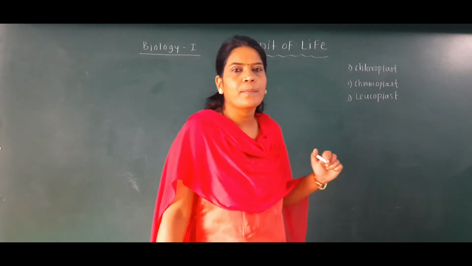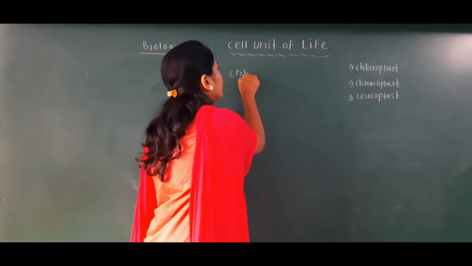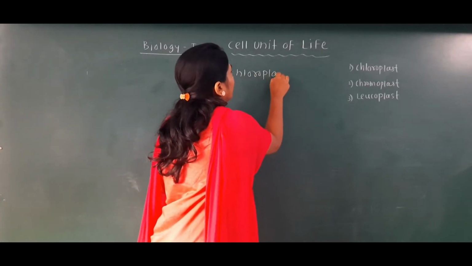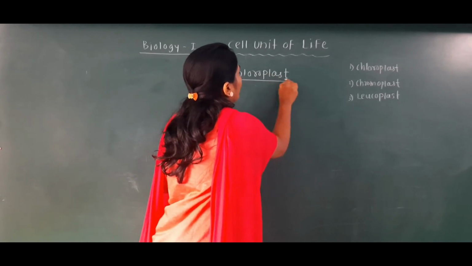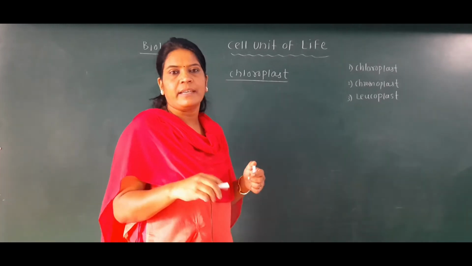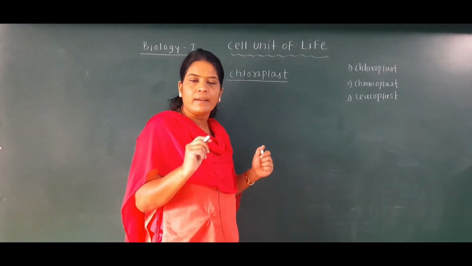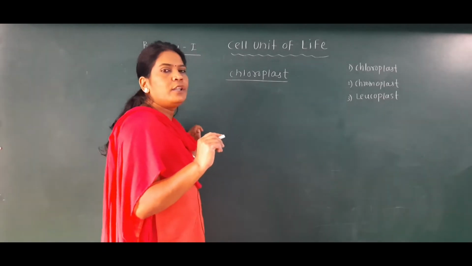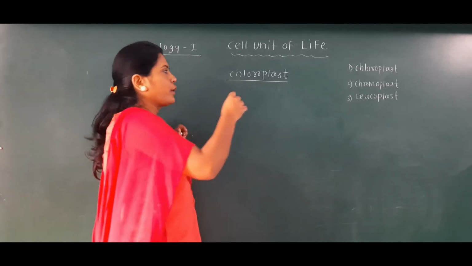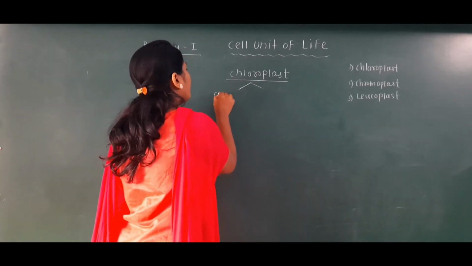The first type of plastid is the chloroplast, and this chloroplast is a green colored plastid. It contains 2 types of pigments, and those pigments are chlorophyll and carotenoids.